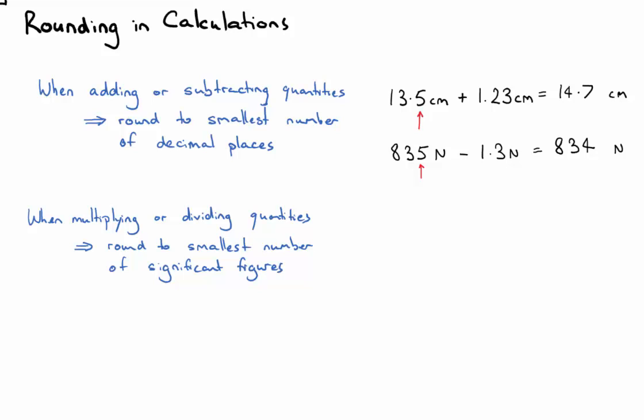So in this example, we're going to divide, say, 2.0 kilograms mass divided by 3.62 cubic meters.